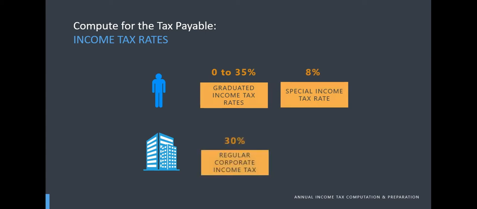While corporations, whether domestic, resident, or non-foreign, are subject to 30% corporate tax in general. However, there is an additional type of tax that must be considered for corporations. So this is what we call the minimum corporate income tax.